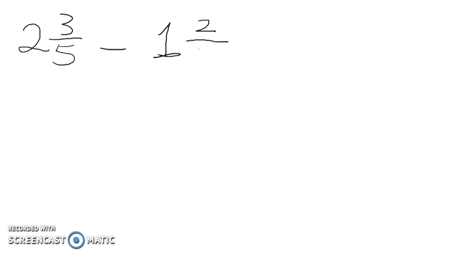Next will be a couple of examples on subtractions. The first one we do will be 2 and 3/5 take away 1 and 2/3.